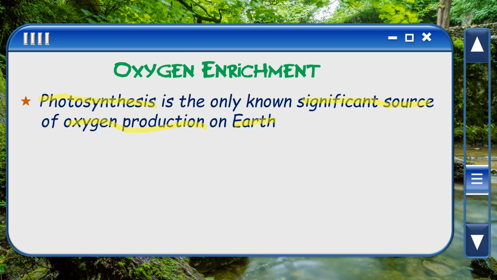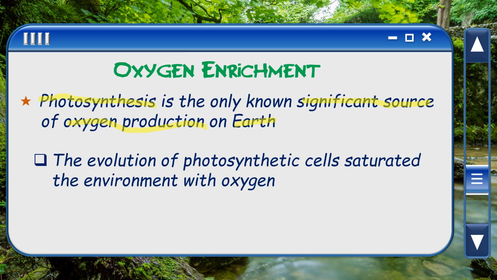All the oxygen that we get on the Earth's surface is believed to have come from photosynthesis. The evolution of photosynthetic cells saturated the environment with oxygen. So when photosynthetic cells came, they started saturating the environment with oxygen, and this resulted in change in the environment.